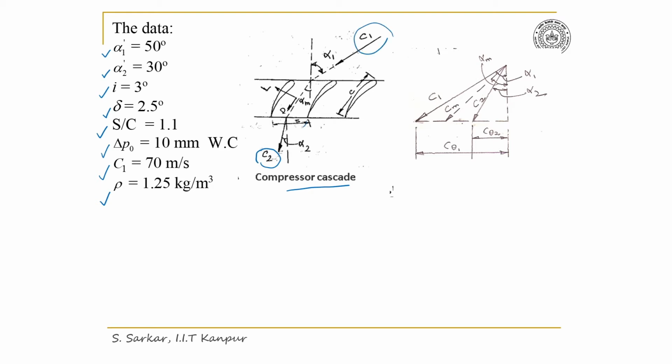Now here S is the pitch, and C being the chord, right? Z is the axial direction which I am indicating now. And look, C1 is the inlet velocity. This is the C1 that makes an angle alpha 1 with the Z axis.